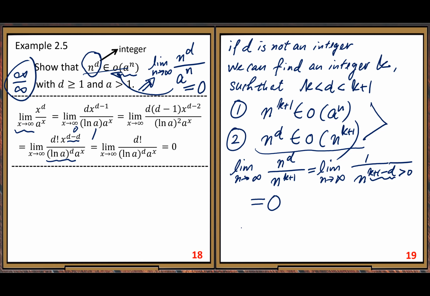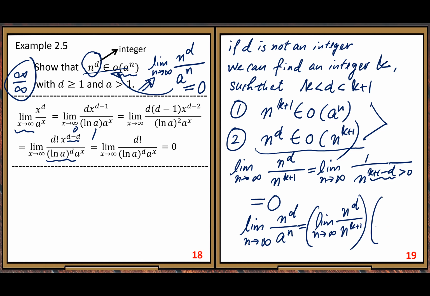Actually you do this. If you compare n to the d with the exponential function directly, you take the product of the limits. n to the d over n to the k plus 1 first, and the second limit, n to the k plus 1 over a to the n.